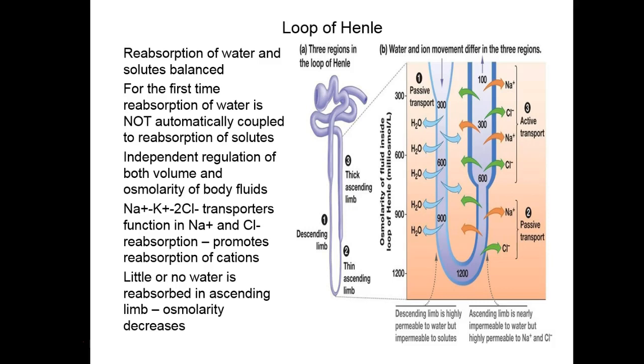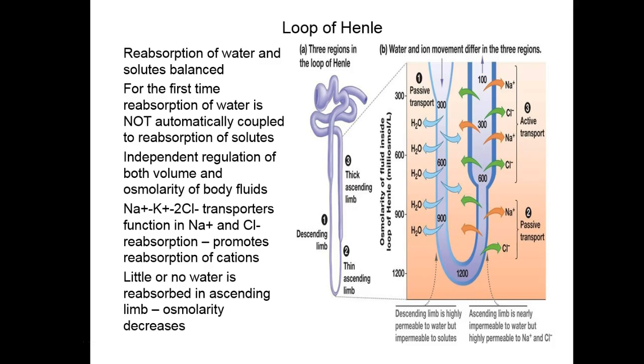As this filtrate moves from the descending loop to the ascending loop, different things will happen in each portion, and in the ascending loop, that happens because of the concentration gradient you have of the solutes in liquid solution.